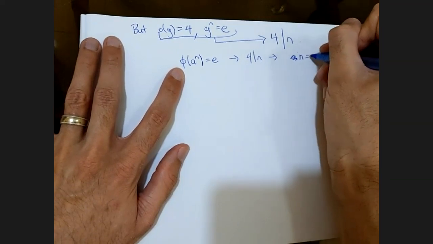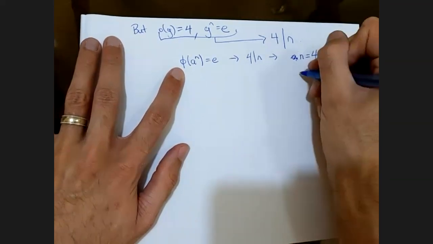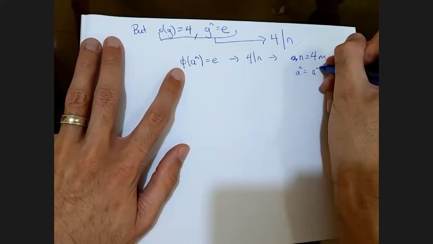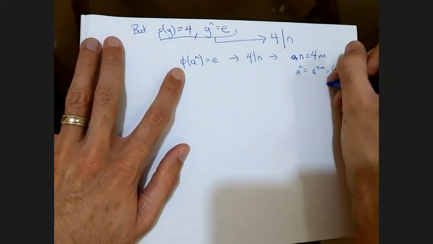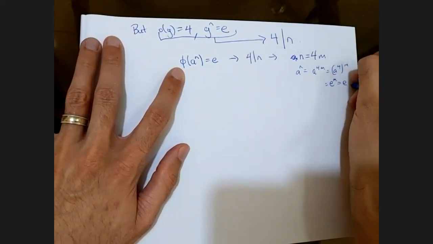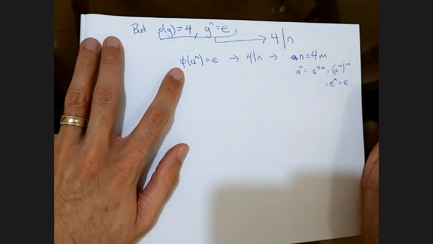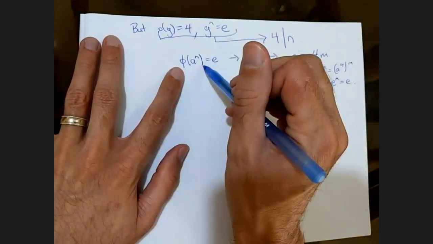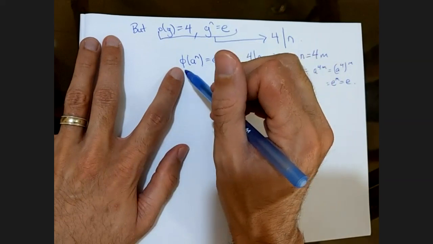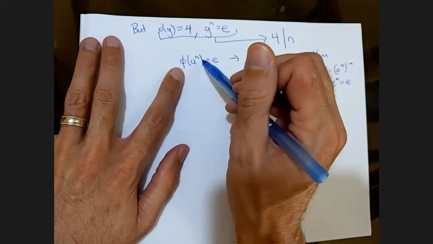If you write n as 4 times m, A to the n is A to the 4m, which is A to the 4th to the m, which is E to the m, which is just E. So if phi of A to the n is the identity, then A to the n is the identity.